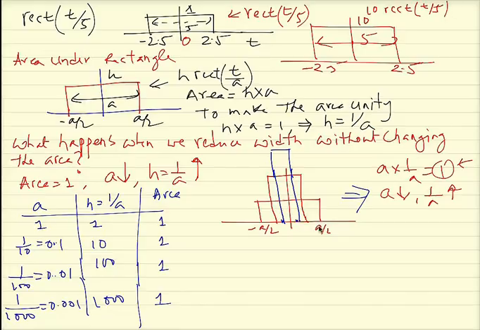So that is shown graphically here. In this case, you have initially the width from minus a by 2 to a by 2, and the height is 1 by a. This height is always 1 by a, right?